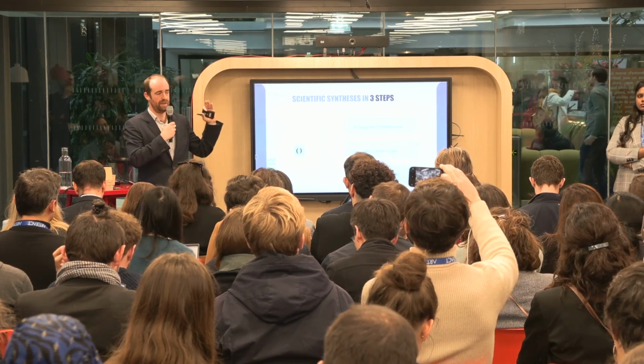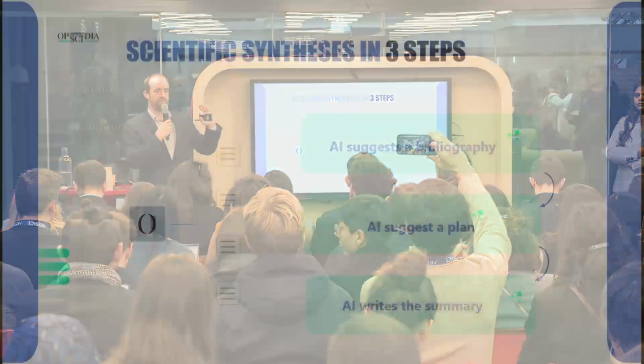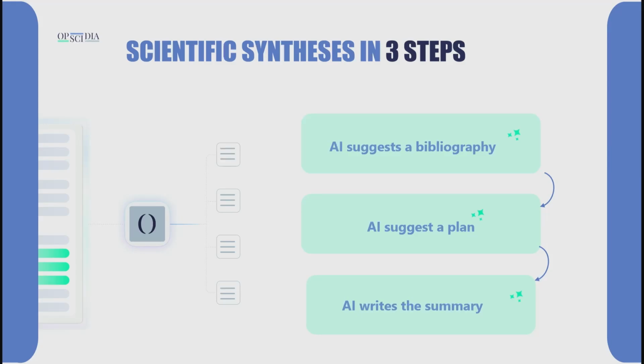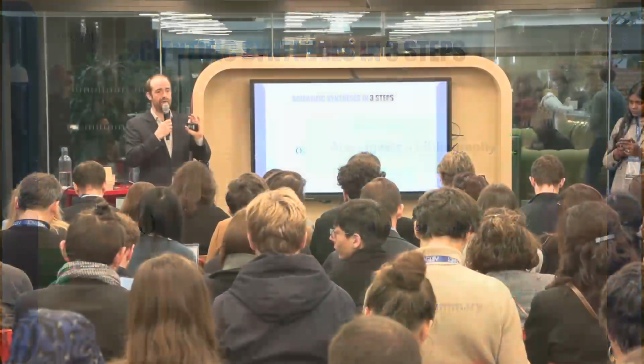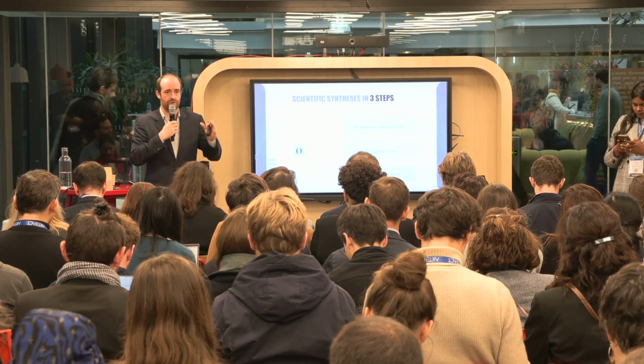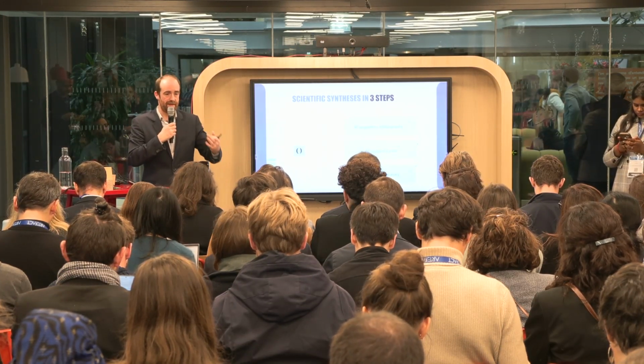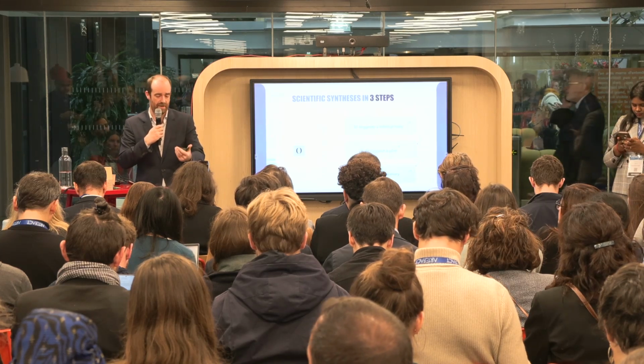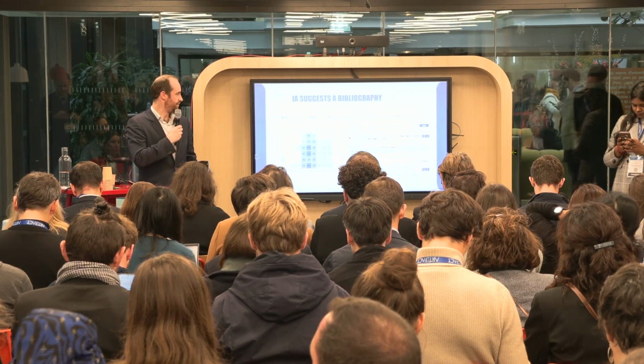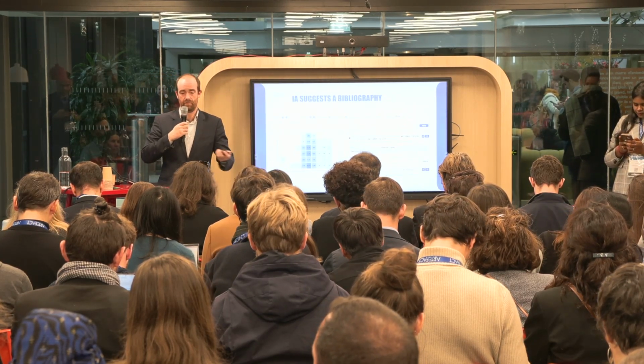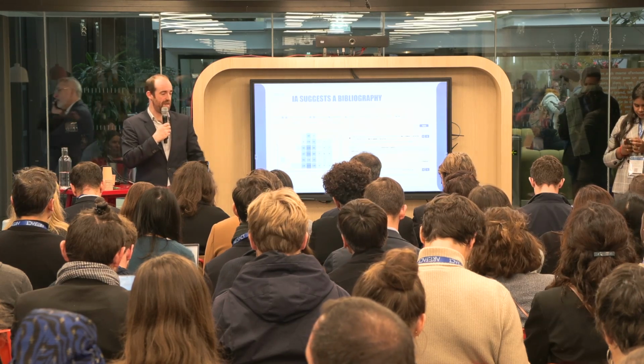And so we have these 3 steps, and for each step, we want the AI to suggest and the user to improve, validate, and make sure that it is correct and also that it fits their need. So then we do it step by step.